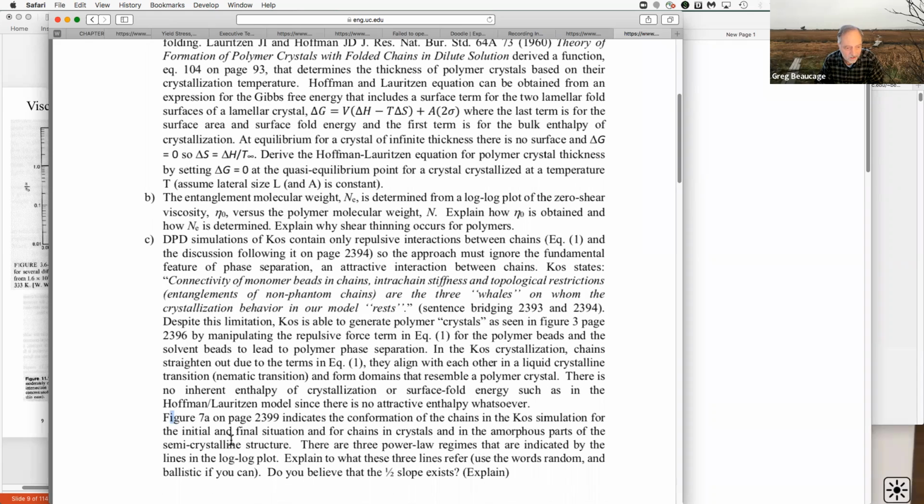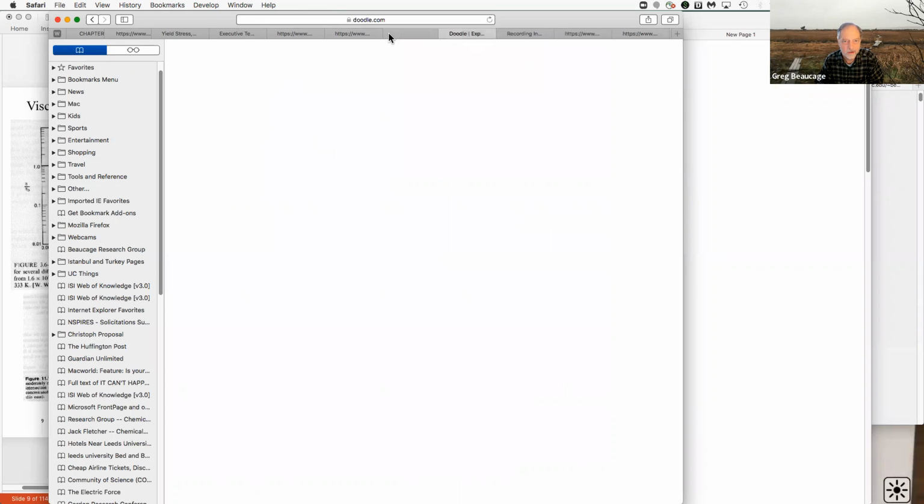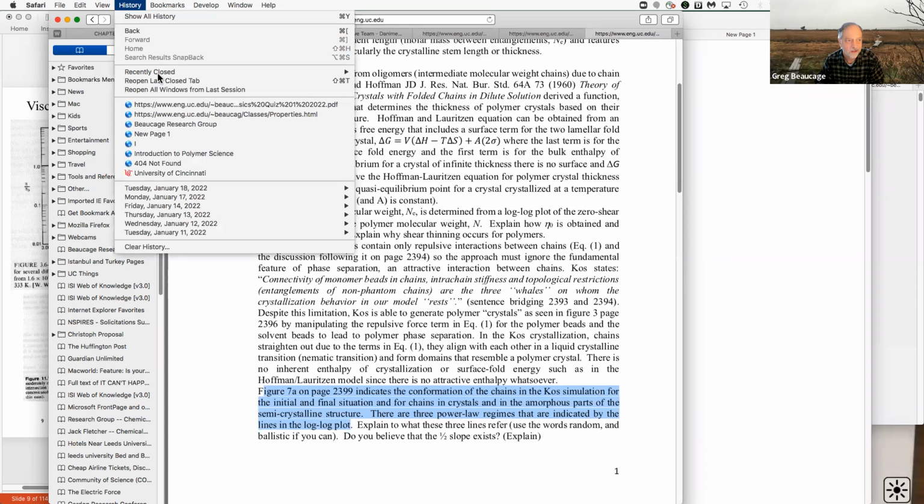So this one, 7A, shows the confirmation, initial and final. It shows these power laws. So let's see if I have that up here. It's not, that's one of them, not it. So 7A, notice field open. Don't get that. Oops, upside down, close that one. Let's do it. I think this is what I want.